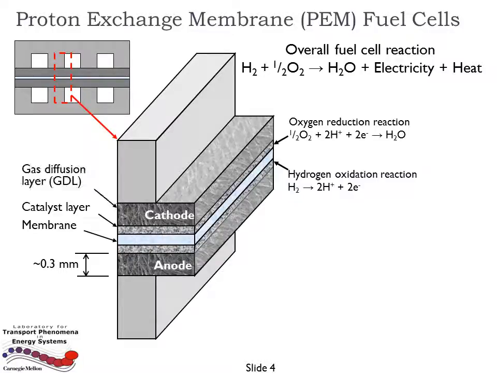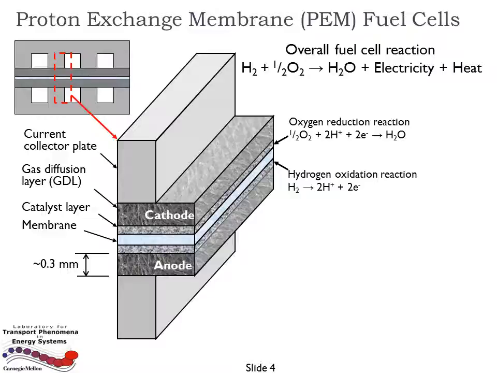Here's the membrane, catalyst layer, gas diffusion layer. And that's the bipolar plate, which is basically acting as the form around the flow channel, and it also needs to be electrically conductive, because electrons have to be able to go from the anode to the cathode as they get consumed.